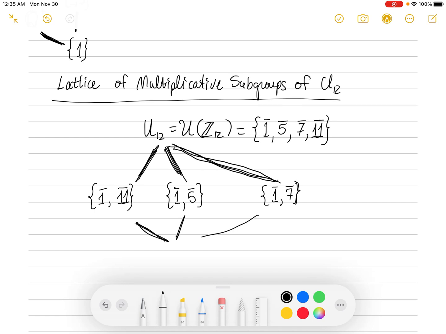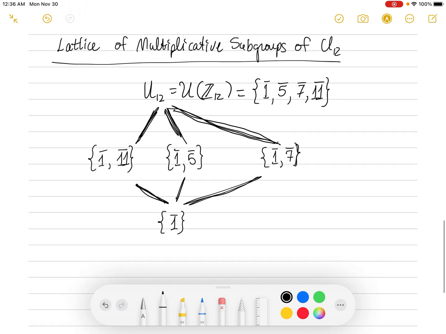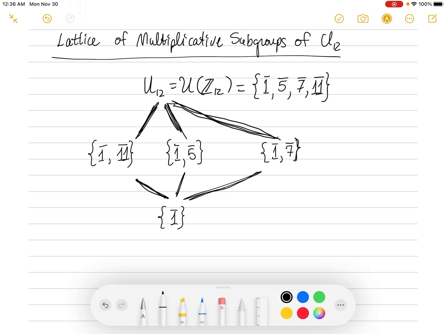It has the identity 1. And then these 3 subgroups are all going to have a common subgroup, just the identity element, 1 bar. Now there's a lattice of multiplicative subgroups of U12.